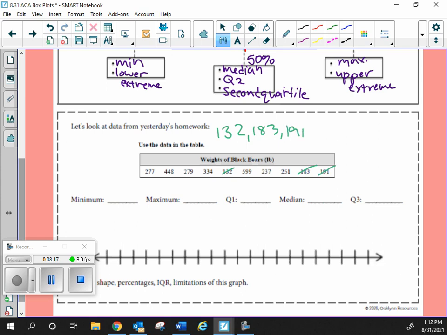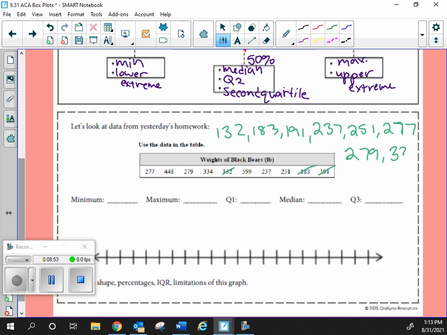What's after 191? 237. Next. 251. Next. 279. Next. 277. What about the 334? Then 279.